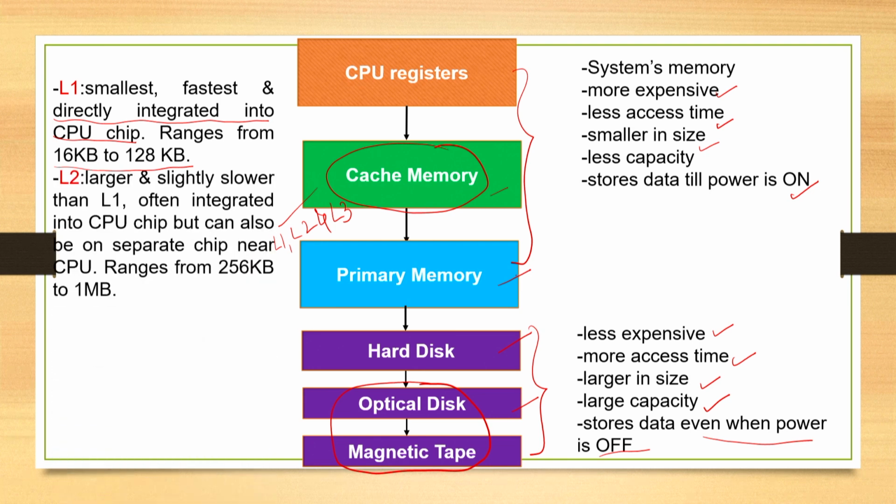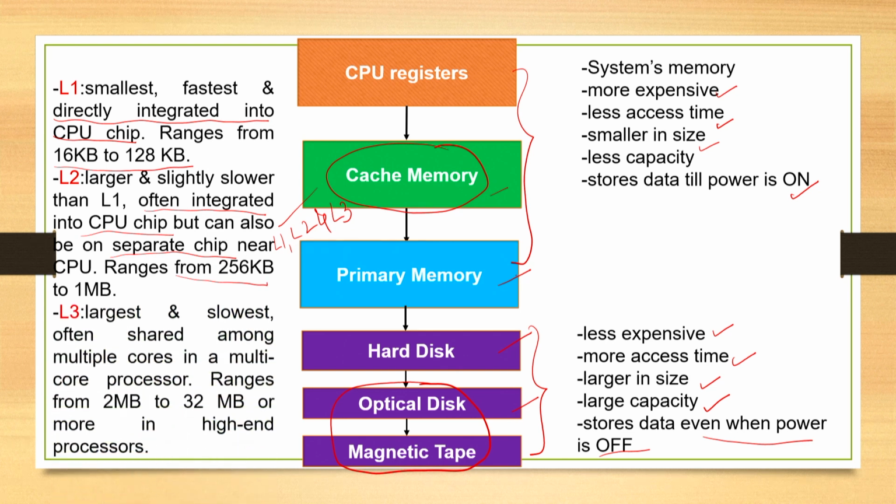Next comes the L2, which is larger but slower than the L1 cache memory. It is often integrated into the CPU chip but can also be on a separate chip near the CPU, and its capacity is larger than the L1, ranging from 256 KB to 1 MB.